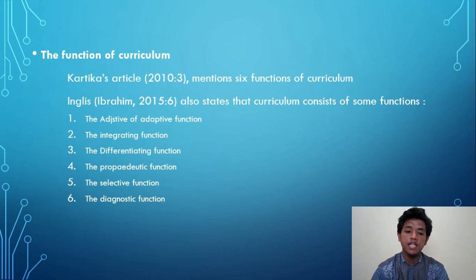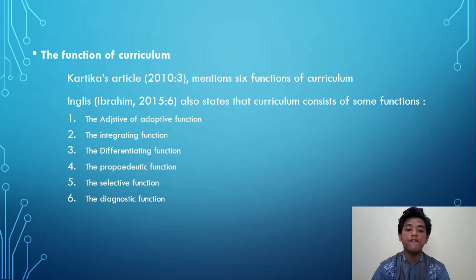On the other side, Ibrahim 2015, page 6, also states that curriculum consists of some functions. Those are as follows.